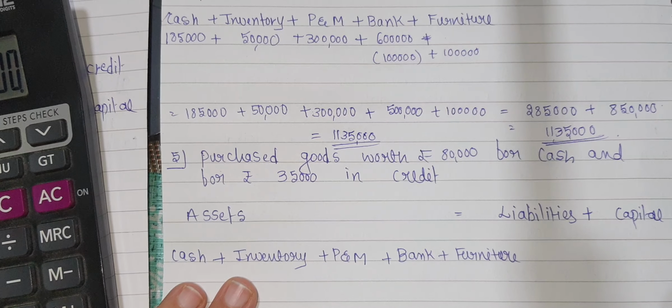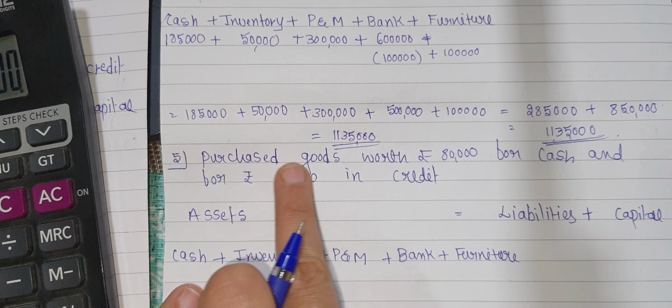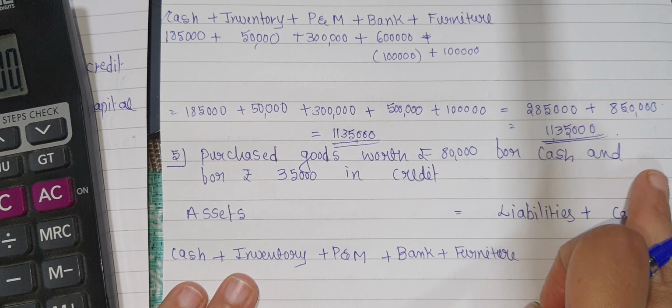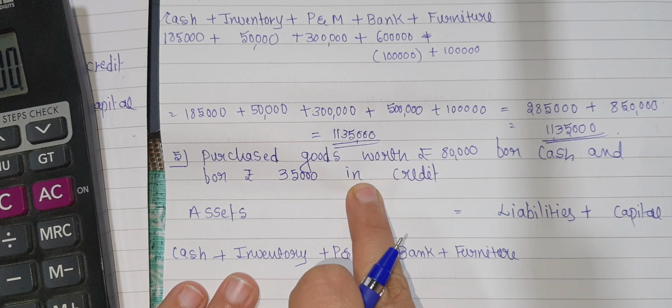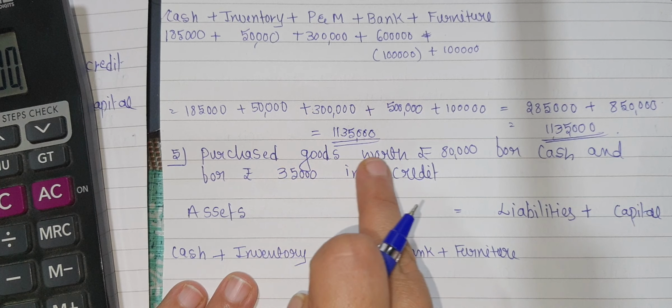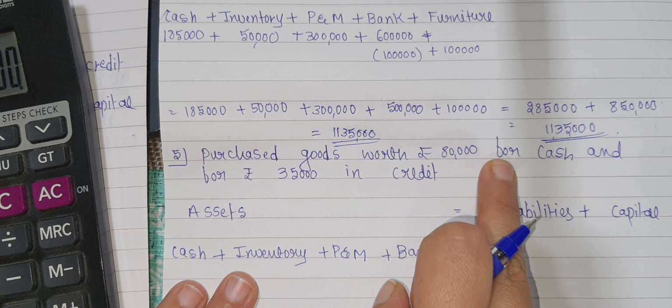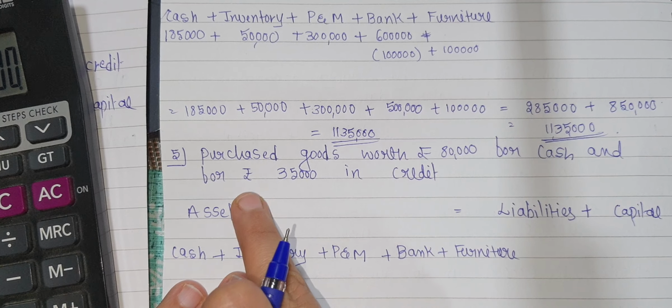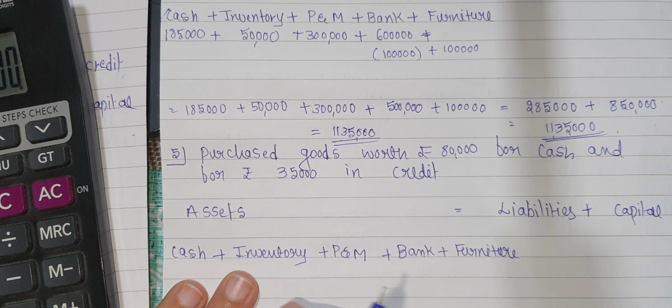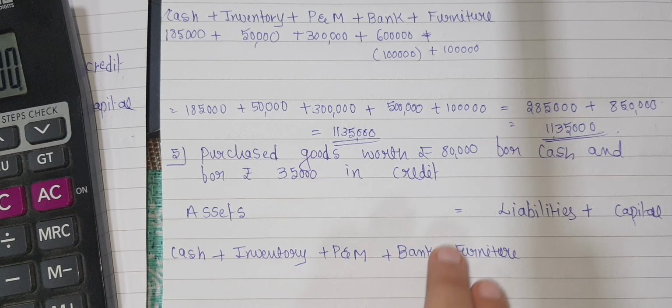Next entry, that is purchased goods worth rupees 80,000 for cash and for rupees 35,000 in credit.